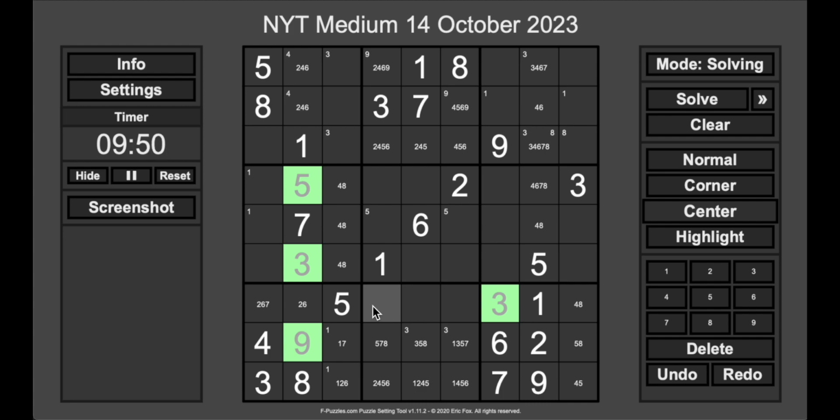Let's see, this isn't 1, 3, or 5. That has too many options. This one isn't 1, 3, 5, 6, or 7. Okay, so this is down to 2, 4, 8, or 9. This one can't be 1, 2, 3, 5, or 8.